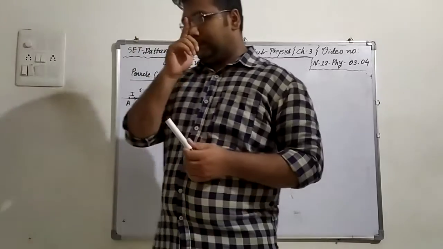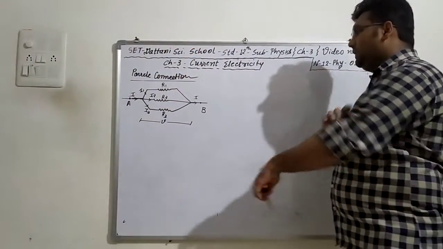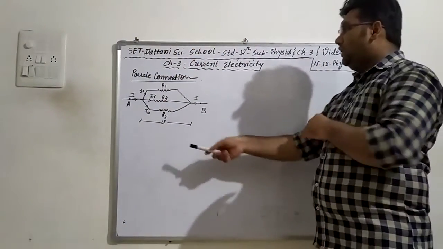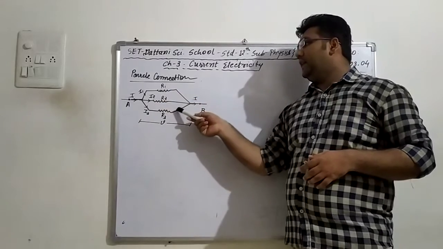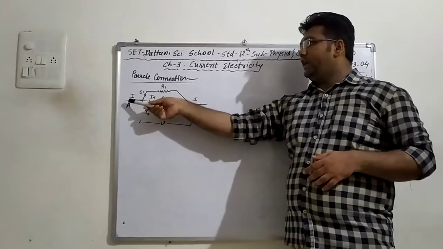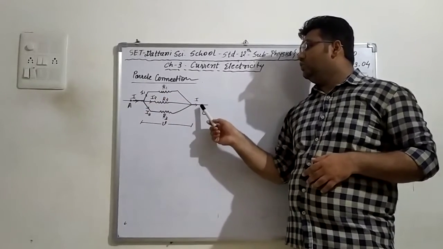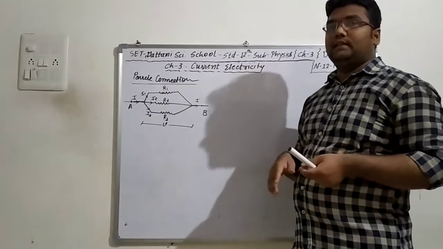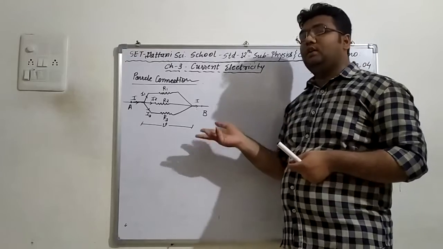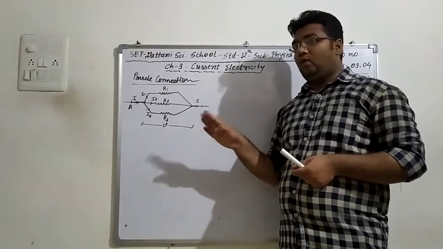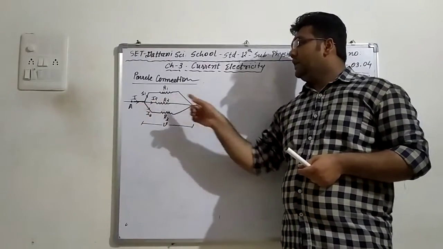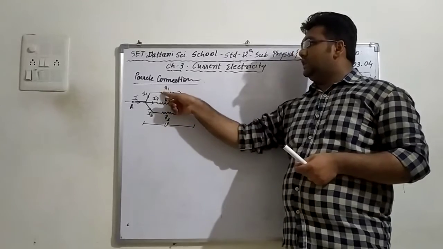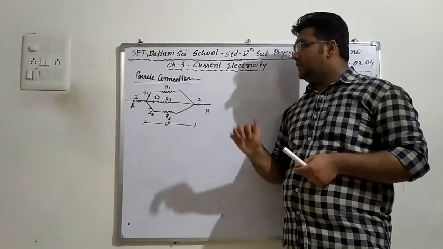In this parallel connection of resistances, we have three different paths for going from A to B. In the series connection we have only one path, and in the parallel connection we have three paths for going from A to B. This is one path, this is the second, and this is the third path.